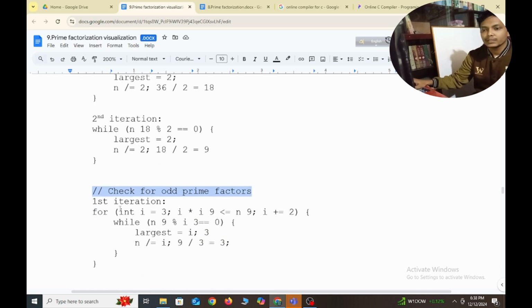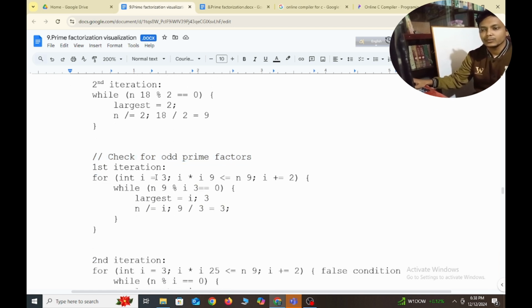Okay, so in the first iteration i starts from 3. We did these techniques in so many problems, guys, okay? i into i, 9. 9 is less than or equal to 9. Yes, this condition is true. It's equal, not less than, but it's equal, so it's true, guys, okay? So in this loop, 9 modulus i equals 0. So we know that this condition is true, right?